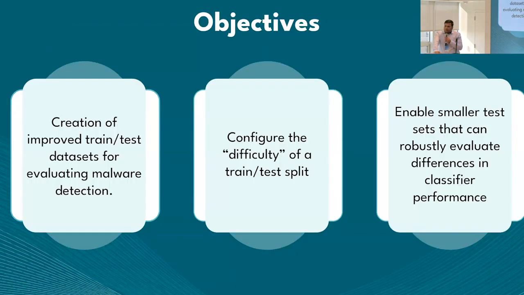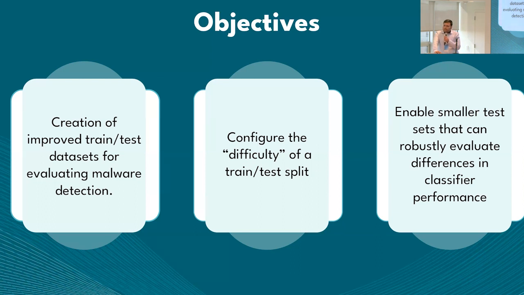So the objective of our work is to have a way to create a data set which can be used by academics so that they can evaluate their models in a better way, and not by increasing the training and test data, anything like that. We will keep the data set size considerably smaller, but still have a way where academics can evaluate their model's performance. We will be creating the data set by using weaker models.